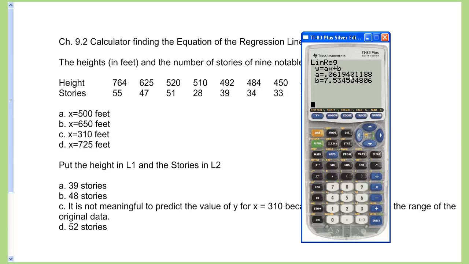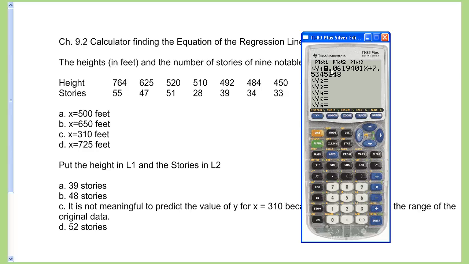So what you're going to do here is I'm going to write it out pretty good. I took it all the way out to this 1. And then the y-intercept I actually took all the way out to the 8. So you want to keep these numbers pretty long. If you don't, these answers are going to be off by a little bit. So I put these in y equals, and I write it in the form of an equation.